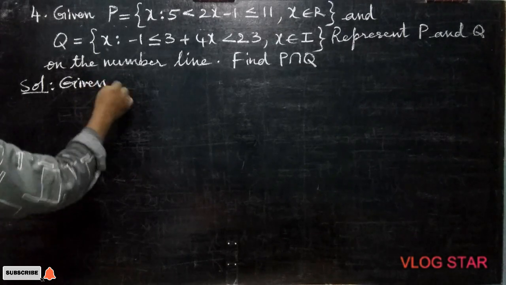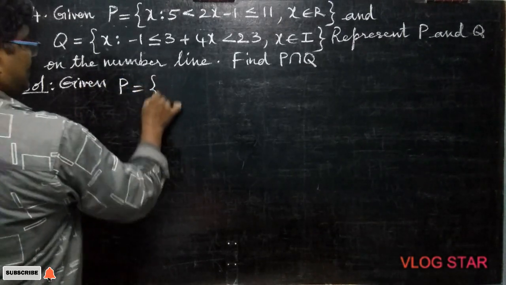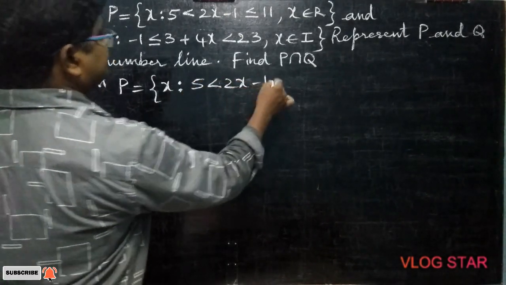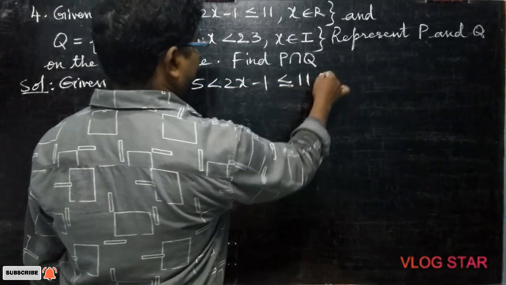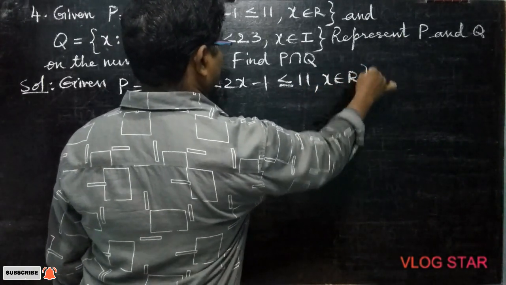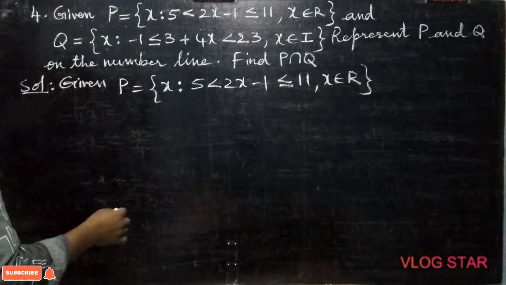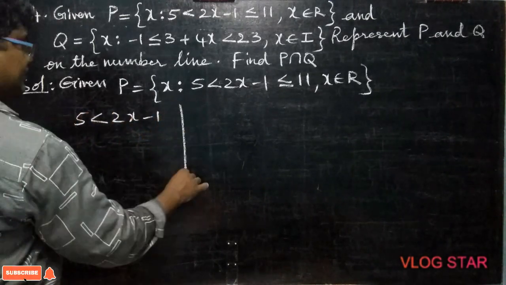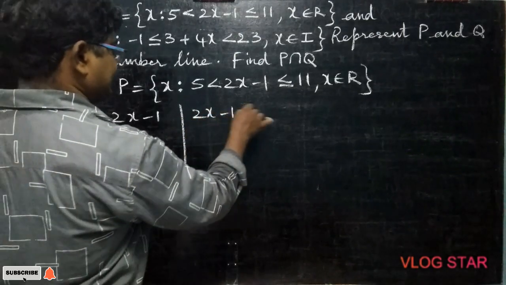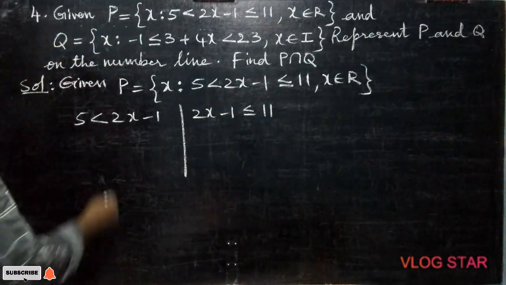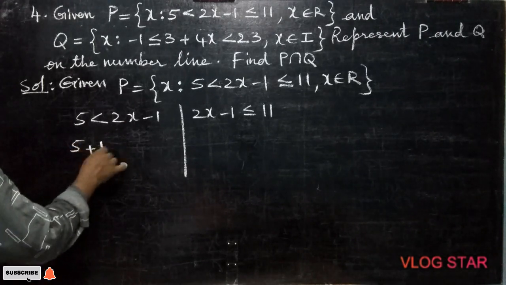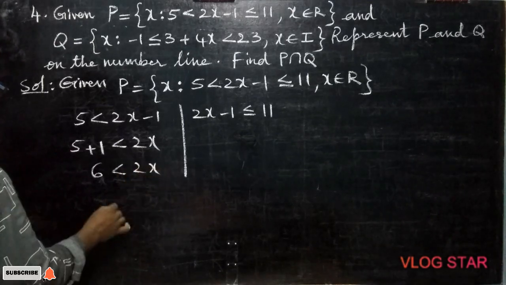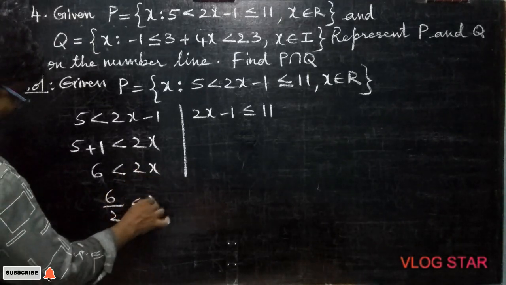What is P? P they have given as x such that 5 less than 2x minus 1 less than or equal to 11 where x belongs to real numbers. Make it into two parts. 5 less than 2x minus 1 one part, 2x minus 1 less than or equal to 11 another part. Now 5 plus 1 less than 2x, 6 less than 2x, 6 by 2 less than x.